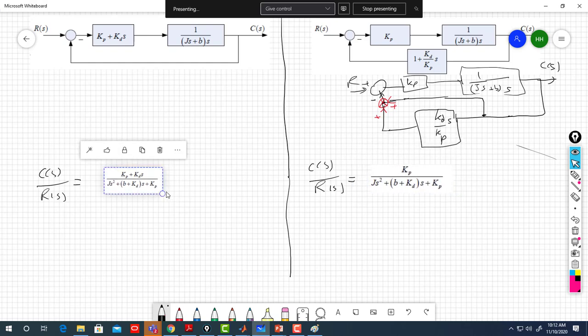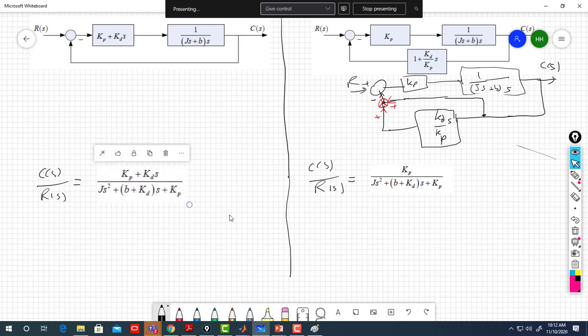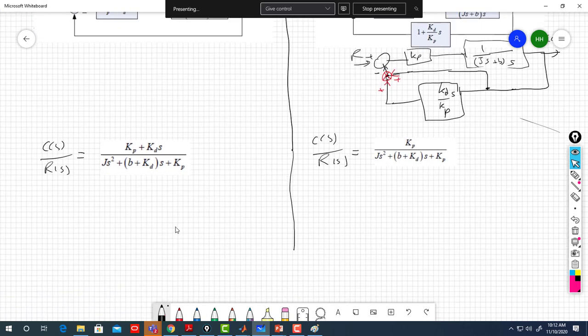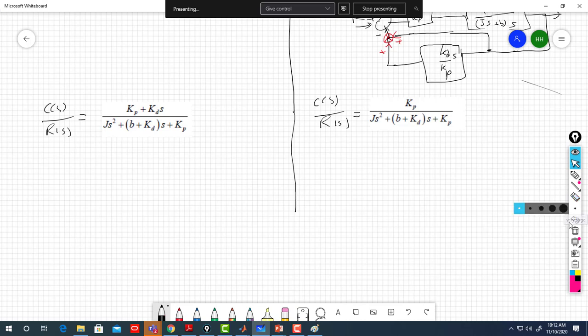So then this is a transfer function. Is there any benefit of B compared to A? What do you think? Why do I need to go with the alternative PD control? Why do you think this alternative is important? No zero, no effect of zeros. Very nice. So here there is no effect of zeros. If you look at the poles, poles are the same.